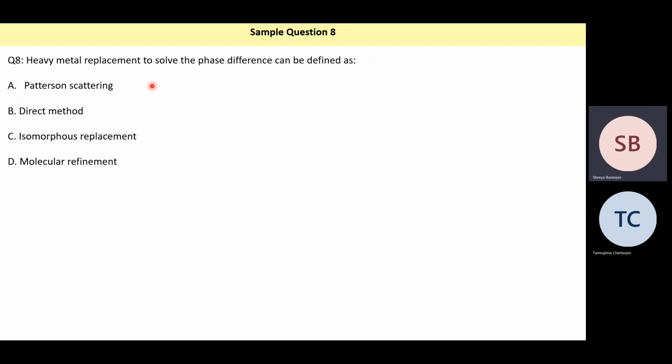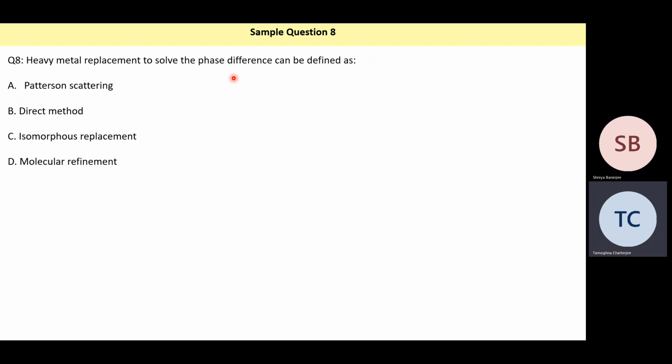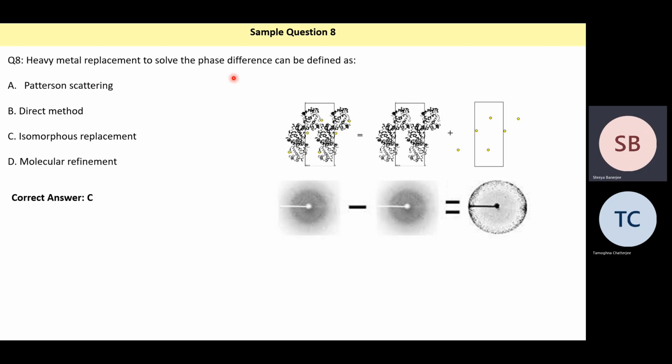Then heavy metal replacement to solve the phase difference can be defined as? Ma'am, isomorphous replacement. Yeah, you are correct. So this is the general principle of isomorphous replacement, where basically you get a diffraction pattern from the heavy metal plus protein and a diffraction pattern from only the protein. So then you will get to know the diffraction pattern of the heavy atoms.